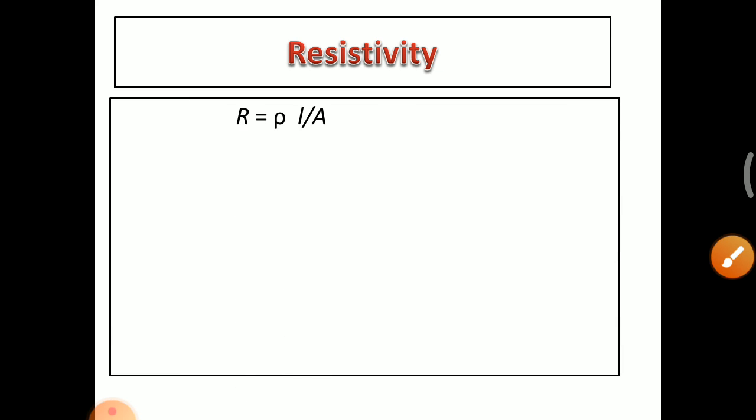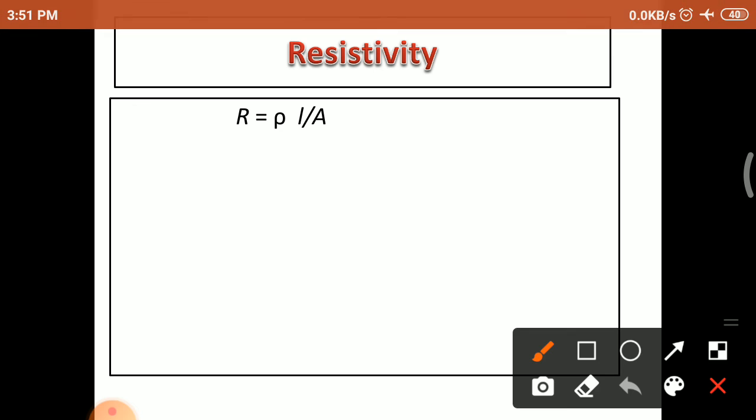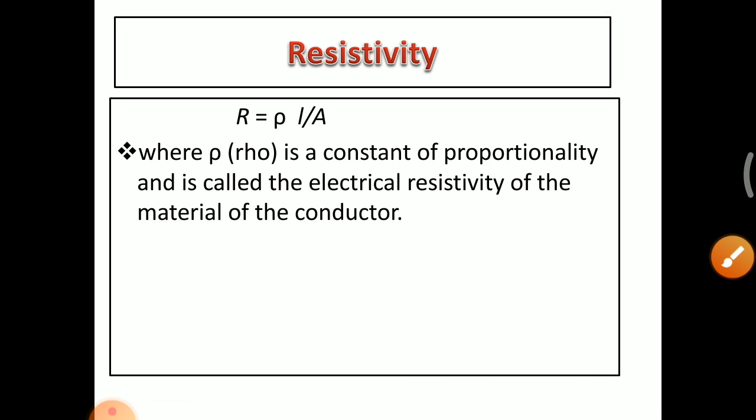Now we are going to see what is meant by resistivity. R equal to rho L by A, where rho is a constant of proportionality and it is called the electrical resistivity of the material of the conductor.